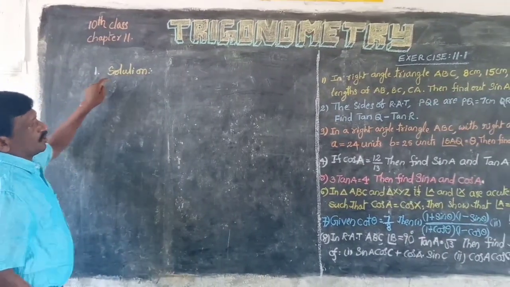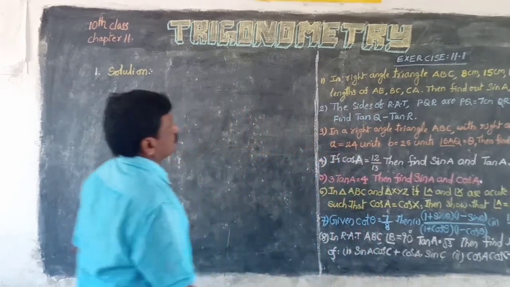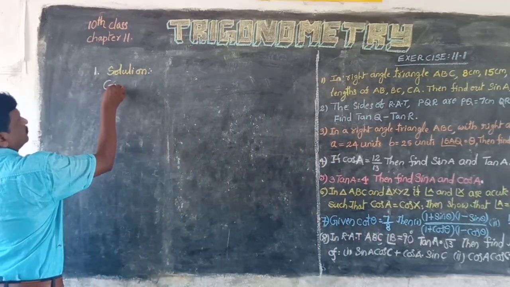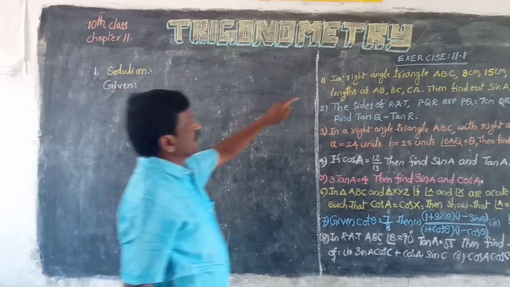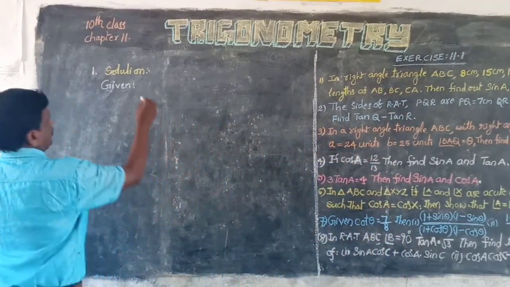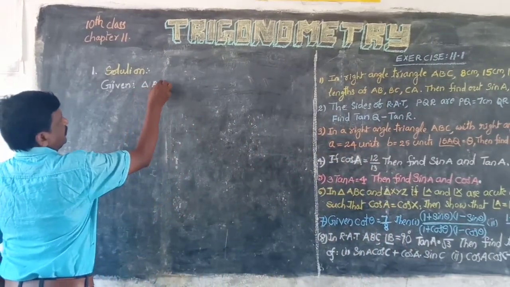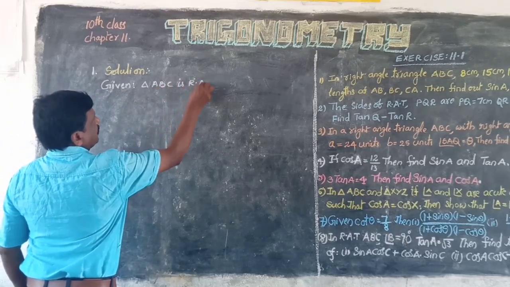So, what is given in the sum? Given: triangle ABC is a right angle triangle.